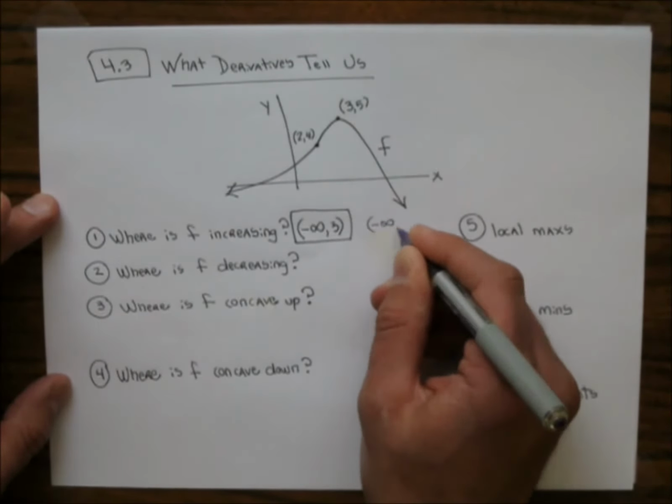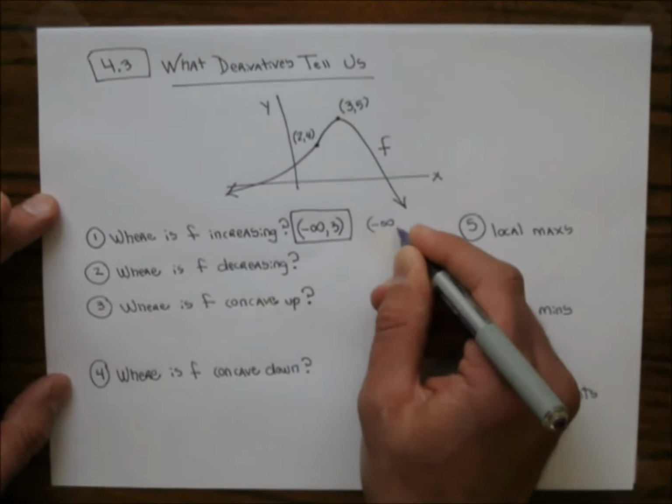Let's go ahead and talk about where f is decreasing. Well, f is going down from this top point all the way for all x values beyond. So it's decreasing from 3 to infinity.